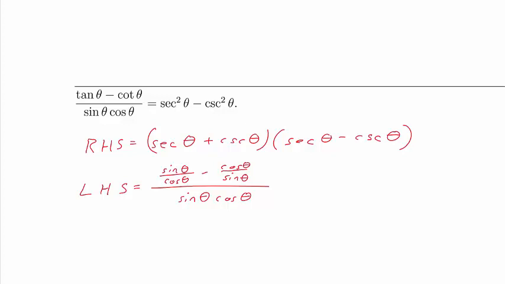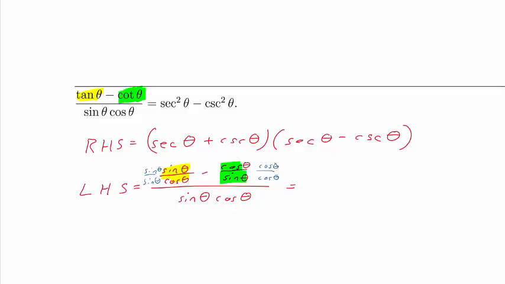Okay, so let's go ahead and get some common denominators going. So we want this one to have cosine theta over cosine theta. And then here we want this one to have sine theta over sine theta.